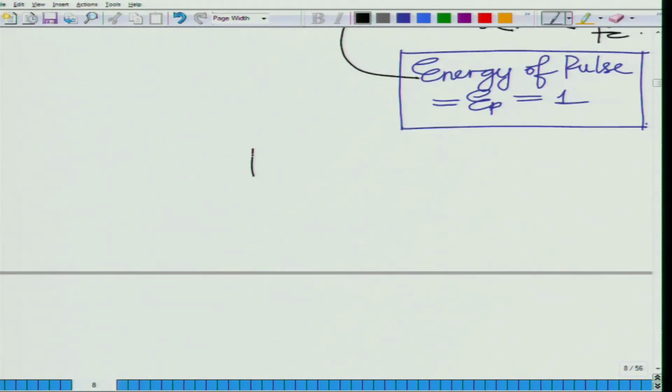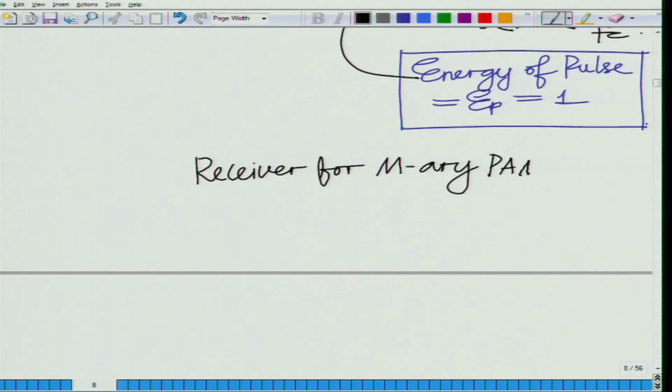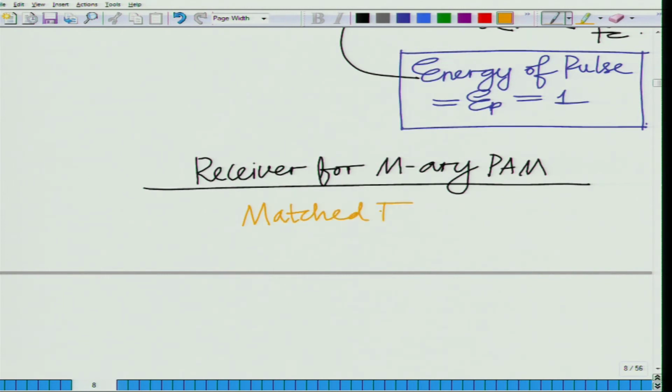So, the receiver operation, the receiver for M-ary PAM. Obviously, we are again going to use the matched filter h(t) matched to p(t), that is again the same.